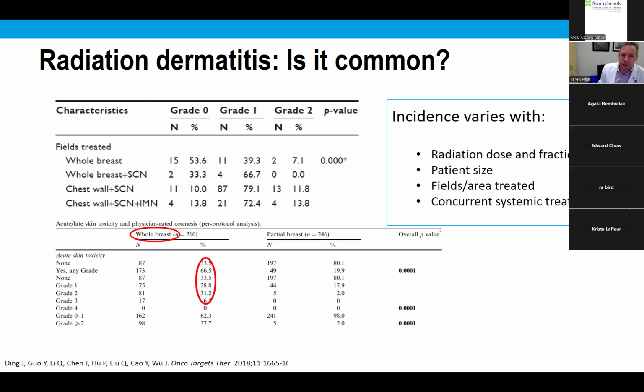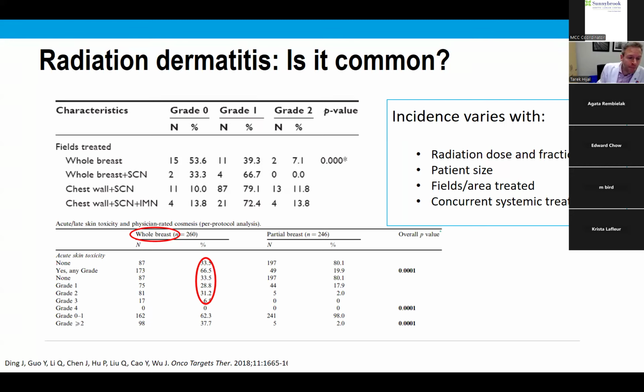So we're going to talk a lot about breast cancer today because that was the focus of the Delphi exercise that we've done that we're going to be presenting. So yes, radiation dermatitis is very common, and it is very common in breast cancer. If you look at just the gross numbers, this is the biggest patient population that you'll see with radiation dermatitis because it's also very common.